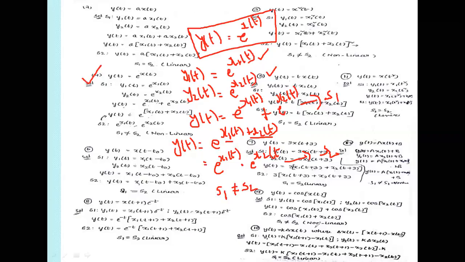Okay. Next, you see another example. We already know that t into x of t is a linear system only. Previously we saw that with the t into x of t, for x1 and x2, the t into x1 of t plus x2 of t gives the same function, the linear system.